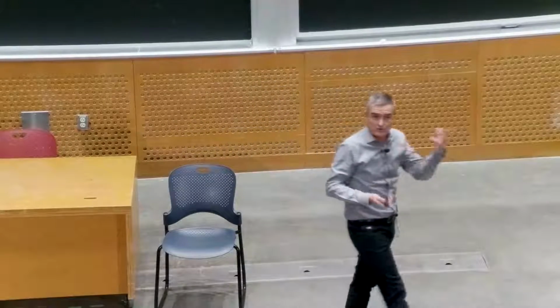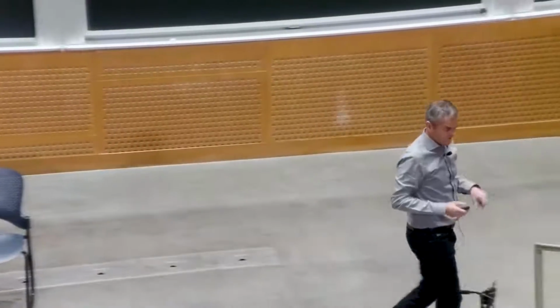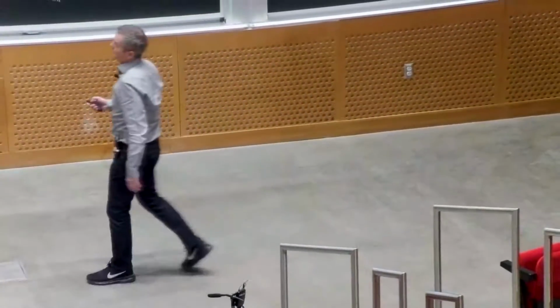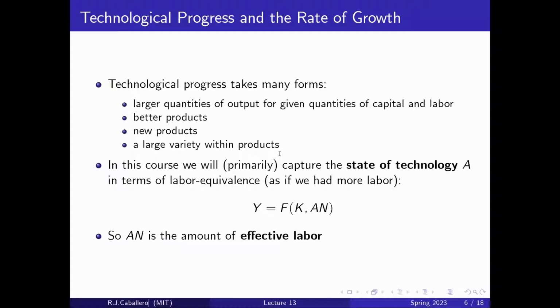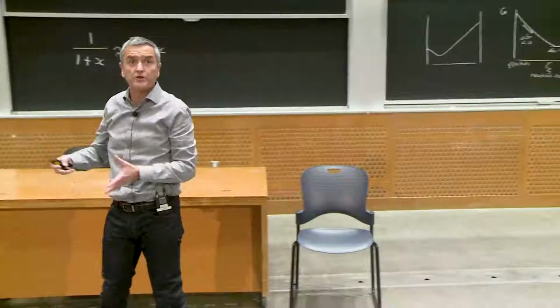Okay? That's one way of capturing technological progress. So now I'm going to refer to this term AN as effective labor. With the same number of N bodies, I may get more effective labor because each worker can produce more things. It's a better input of production, factor of production.